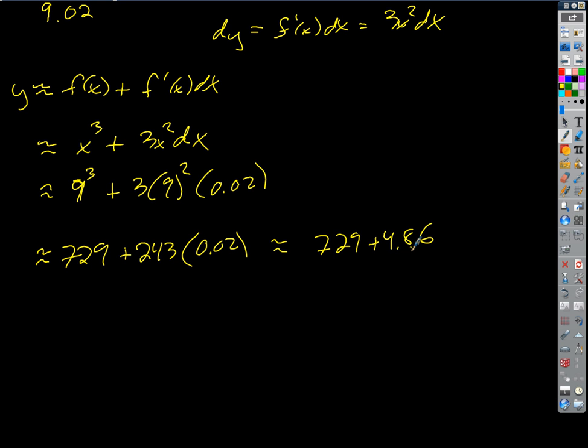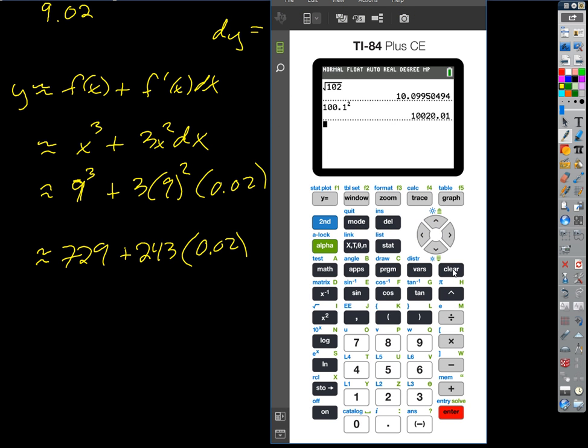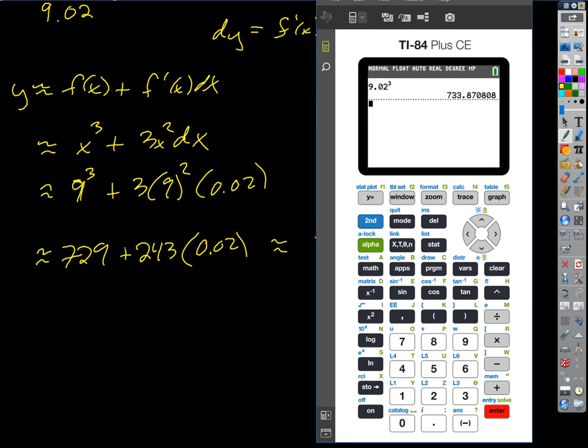So what do we get? 733.86. See how we did? That's pretty close. Once again, we're about 100th off. That's not bad, right? We'll take that.